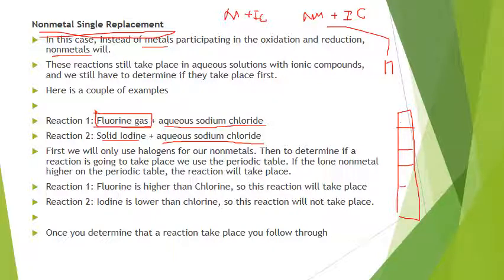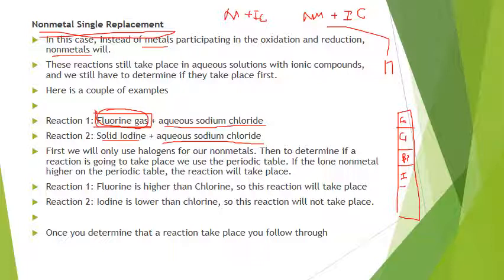So you have F at the top, Cl, Br and I. Okay. All right. So the lone nonmetal, if the lone nonmetal is higher up, then the reaction is going to take place.